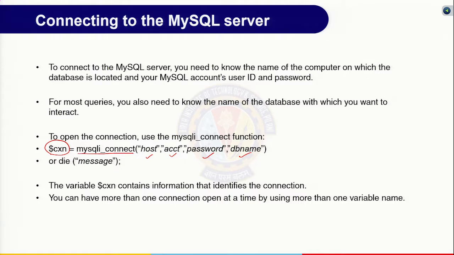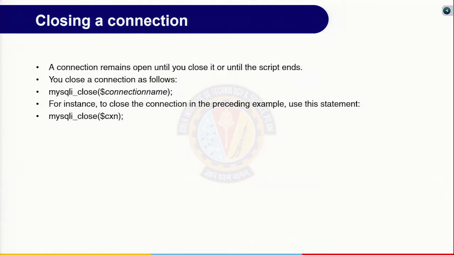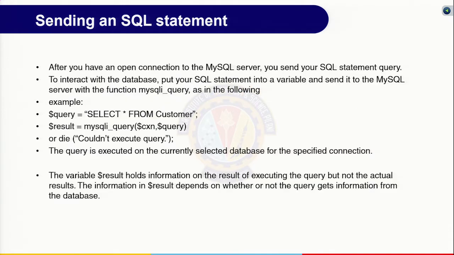The variable CXN contains information which identifies the connection. If you want to open more than one connection, you can use multiple variables. The connection remains open until you close it or the script ends. To close a connection, you can use the MySQLi close method. So the connection name is nothing but the variable which we had used to create the connection.